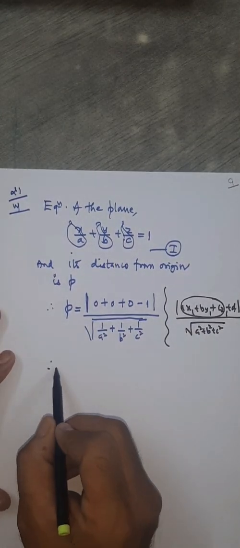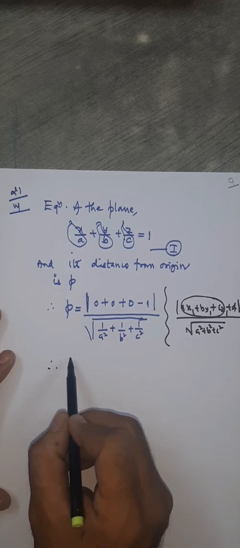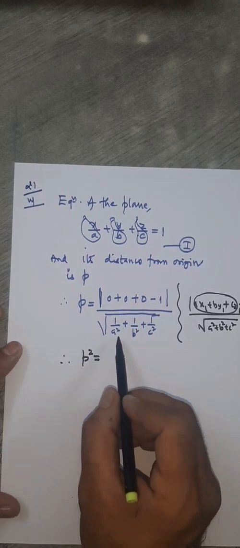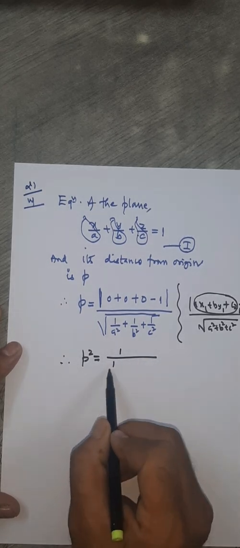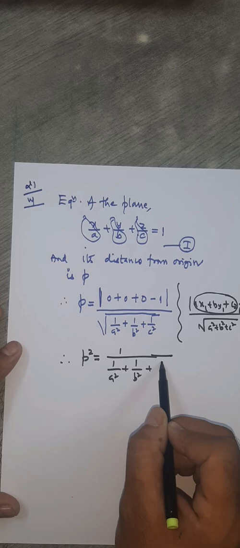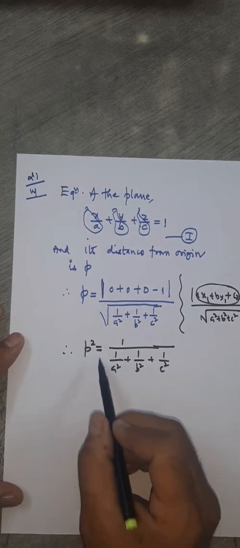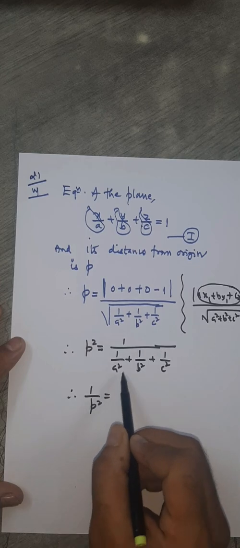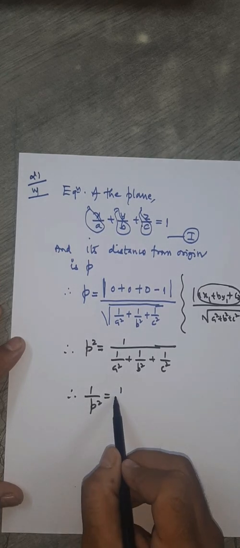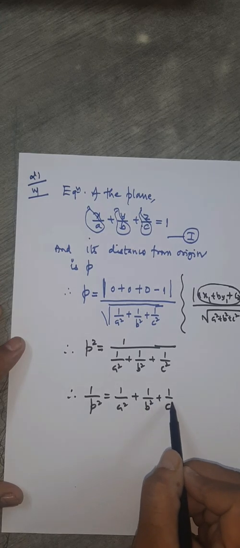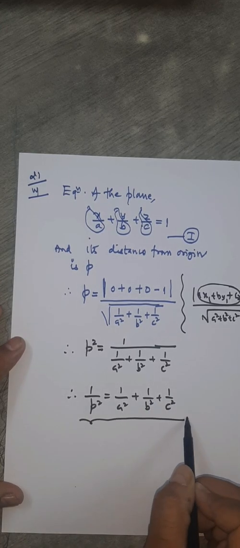So we have this. Now if you see the required expression, you need the square. So squaring on both the sides, it will be free from the square root: 1 by a square plus 1 by b square plus 1 by c square. And now just taking the reciprocal, 1 by p square equals 1 upon a square plus 1 by b square plus 1 by c square.